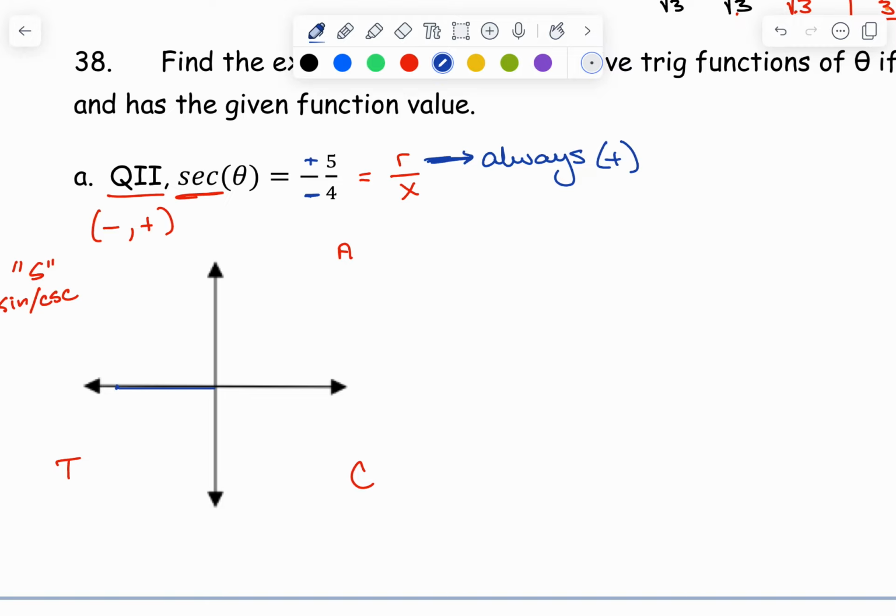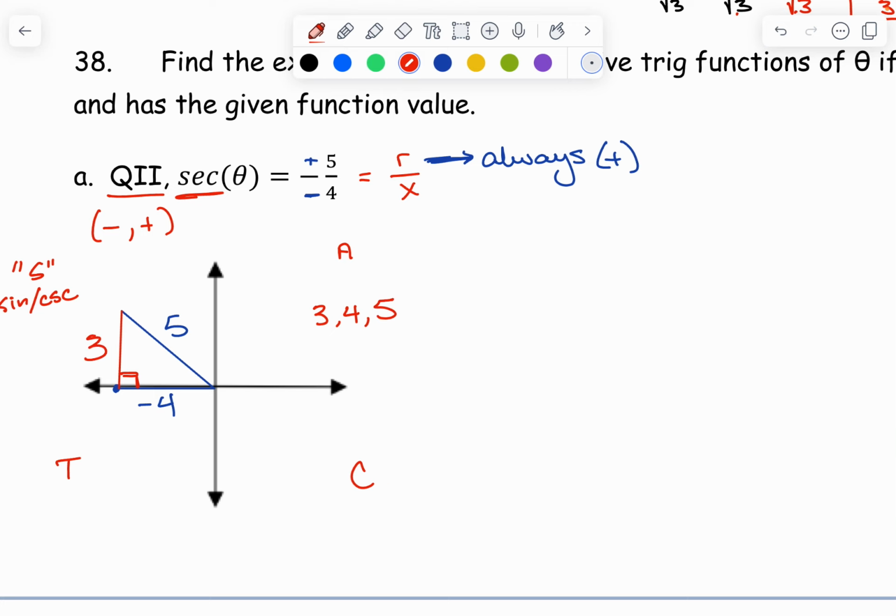I'm going to go over here. That's negative 4. And my hypotenuse is 5. So I have this missing side of my right triangle. And you could use the Pythagorean theorem to find it, or you could recognize that this is a 3, 4, 5 Pythagorean triplet.